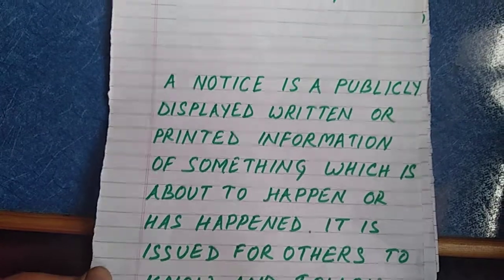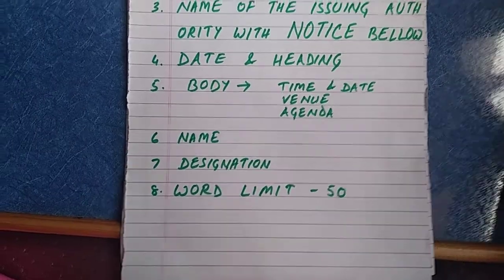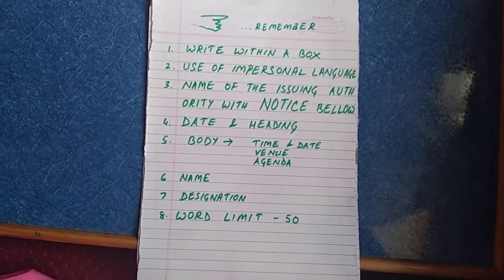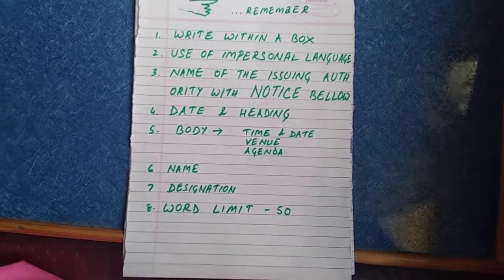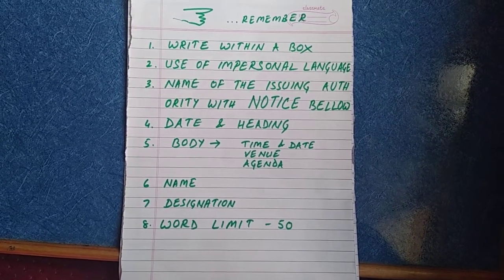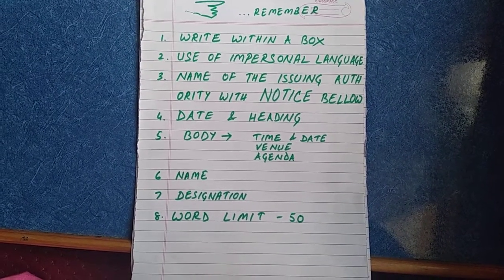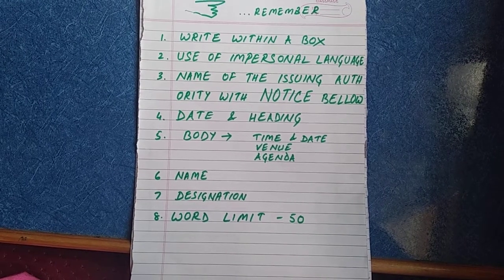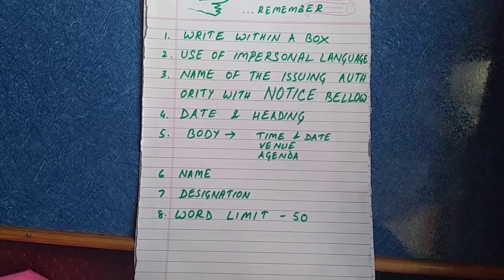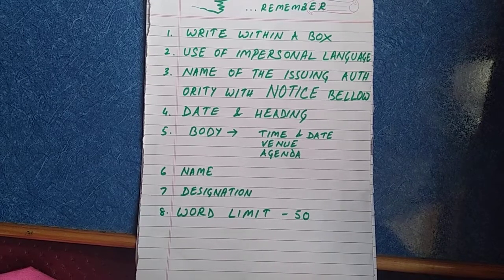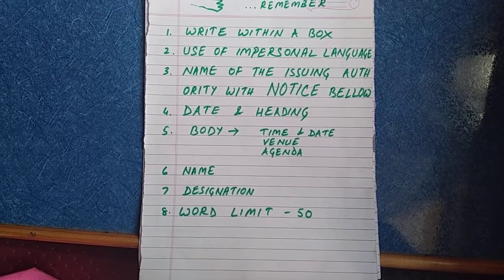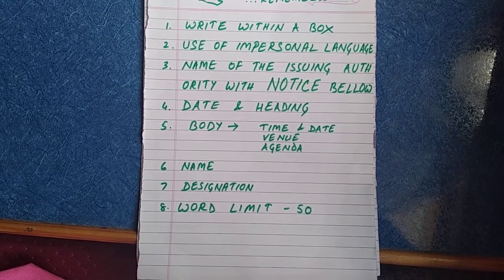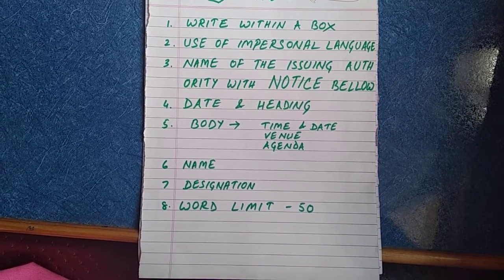Now, when you write a notice, there are certain things that you have to remember. Children, write a notice within a box. And when you write the notice, use impersonal language. Use formal language.